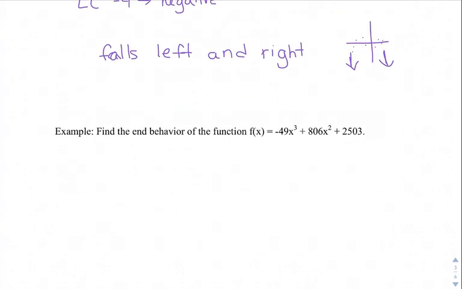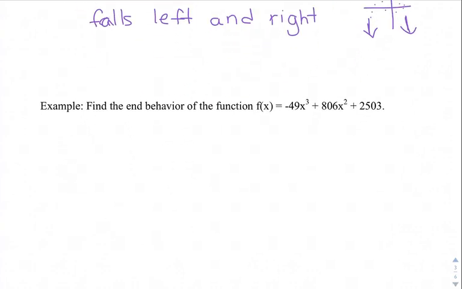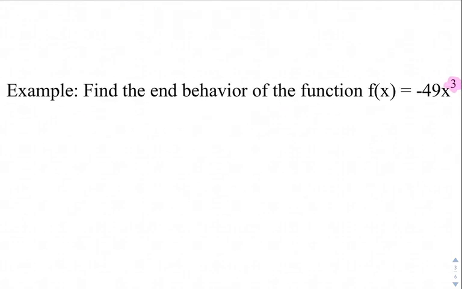Okay, last one. We're going to find the end behavior of f of x equals -49x cubed plus 806x squared plus 2,503. First we look at the degree. Since the terms are being added, I just have to look at the first degree. The degree is 3, which means the function is odd.